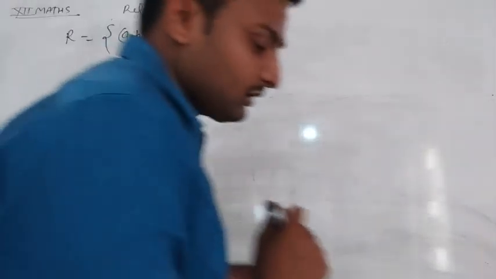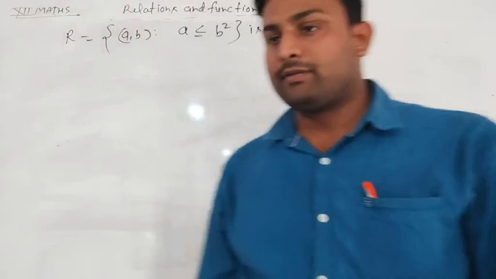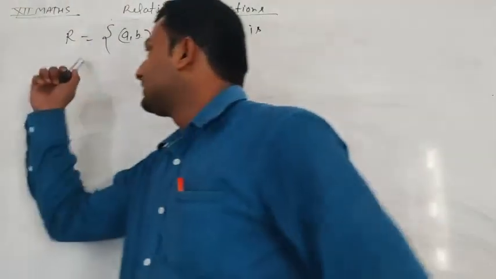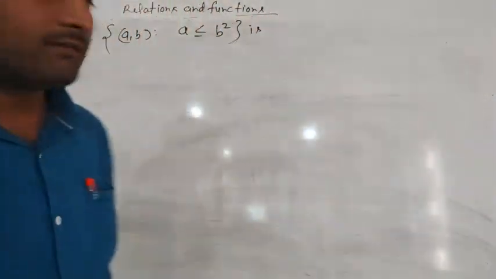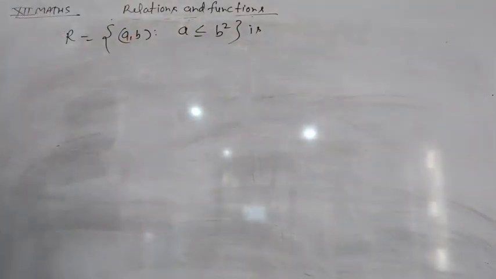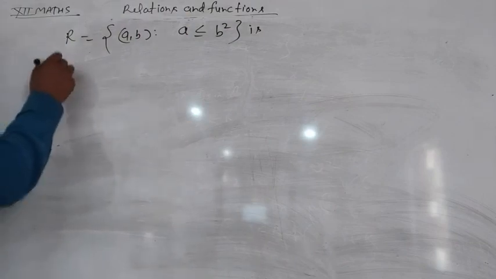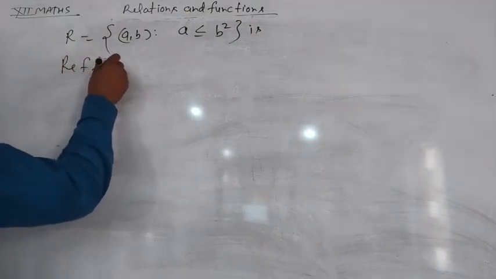Okay, students, so we are given the set of real numbers and the relation is defined by R = {(a, b) such that a ≤ b²}, which is neither reflexive nor symmetric nor transitive.